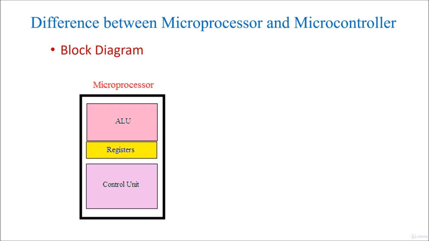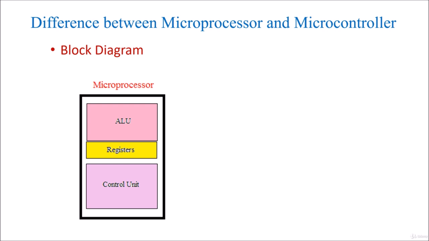This control unit generates different control signal such as write signal, read signal, chip select signal, and so on. To use this microprocessor for any application, we have to interface devices externally such as memory, ports, interrupts, timers, serial communication block. Then only we can use processor for application.